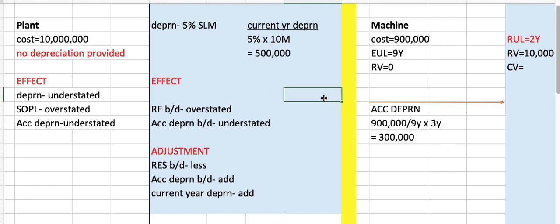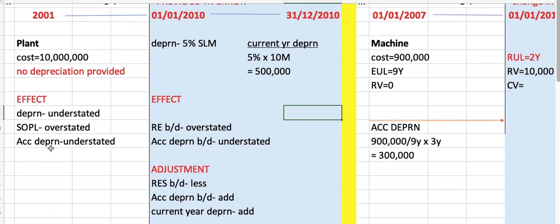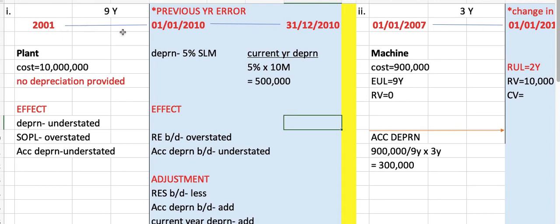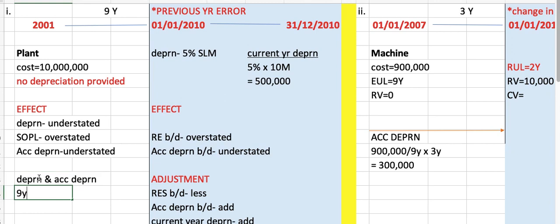Now, in the previous years, you have used the plant for 9 years, since 2001 until 2009. That means you did not calculate depreciation for 9 years. So let's calculate the accumulated depreciation: 9 years times 10 million times 5%, that will be 4.5 million.